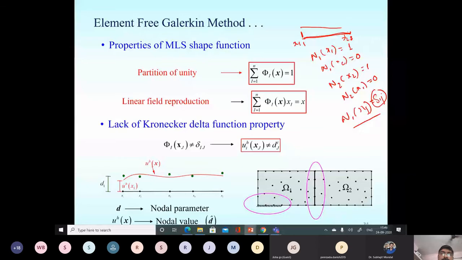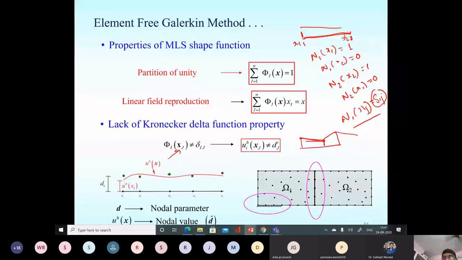This creates an issue because the approximation need not pass through the nodal displacement values. It gives me a best fit curve, but in FEM your approximation passes through the nodal displacement values exactly at the nodes.